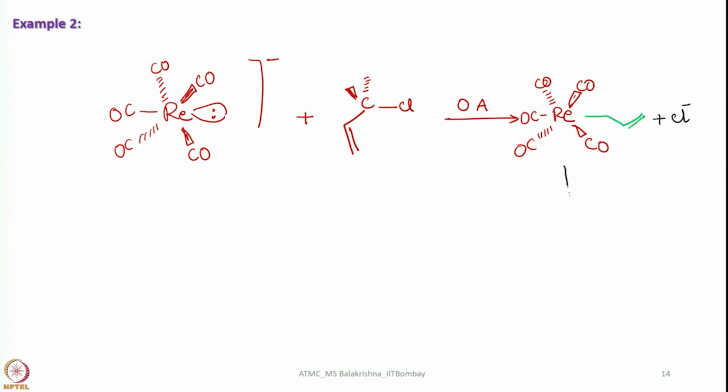So, now this species loses a carbon monoxide, that means CO dissociation happens. And second point is, now you can see what would happen to this eta 1 ligand.